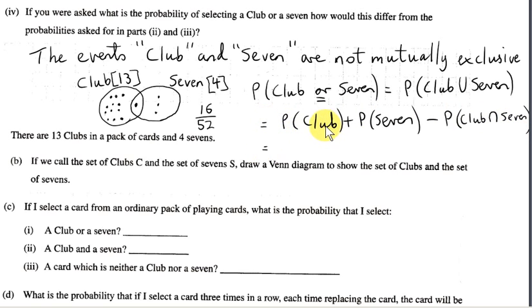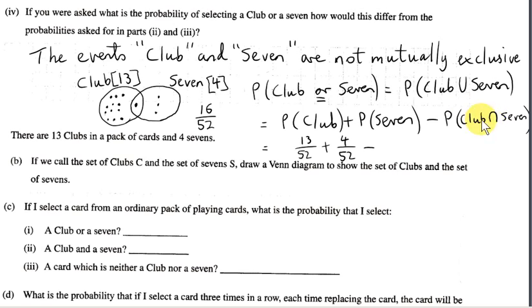So the probability of getting a club is just the number of clubs divided by 52. Well, there are 13 clubs. The probability of getting a 7 is the number of 7s, which is 4. 1 7 for each suit. Over 52. And then we have the probability of getting a club and a 7.